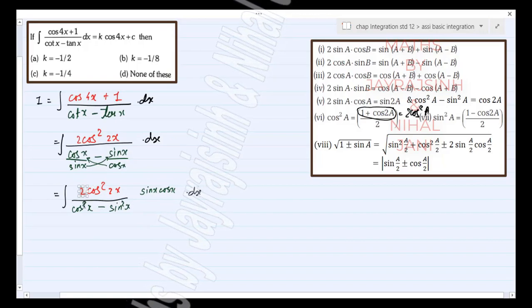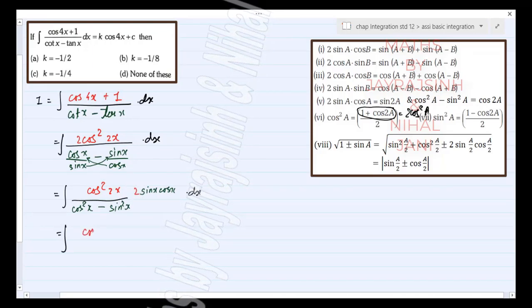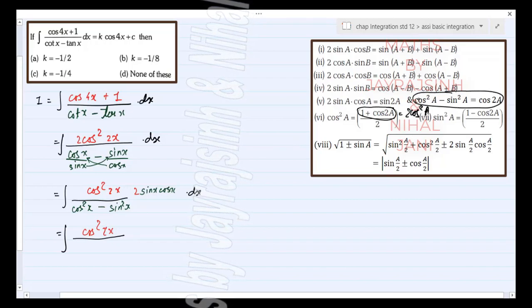Now let's rearrange this so we can further simplify. This cos square 2x will be as it is. In denominator, this cos square minus sin square can be converted into cos 2a.